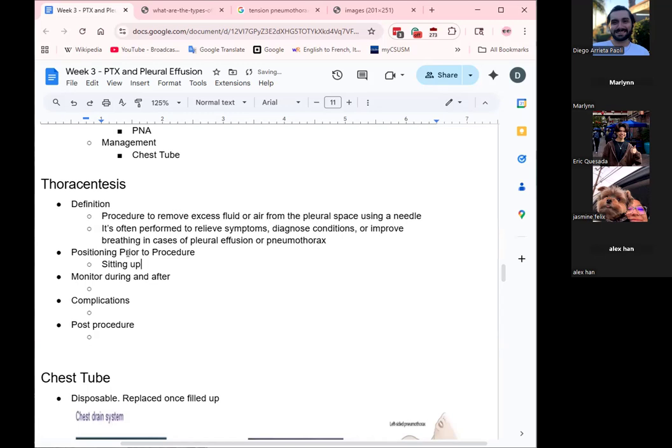You'll take their bedside table, set it up in front of them, and they will lean over it, kind of like the tripoding position someone with COPD might be in because they're struggling, but it's the same idea. The concept is that it allows easier access to the area they need to drain. So, sitting up, leaning over the side table.